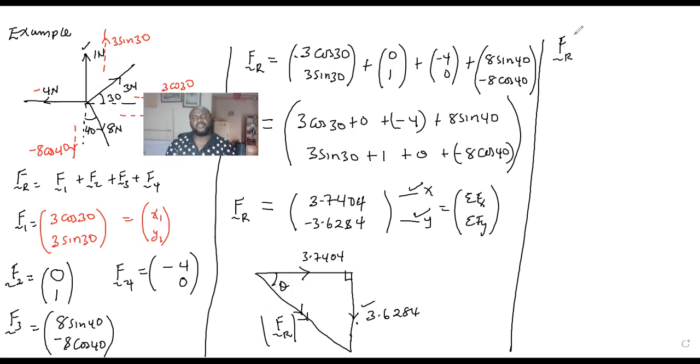So the magnitude can be found as the square root of 3.7404 squared plus 3.6284 squared. What answer do we get? 0.825?